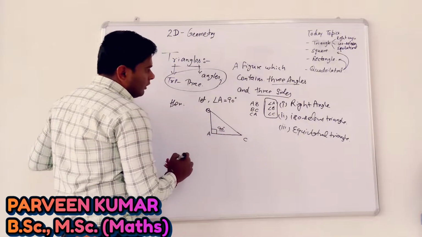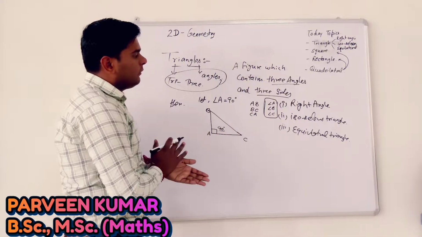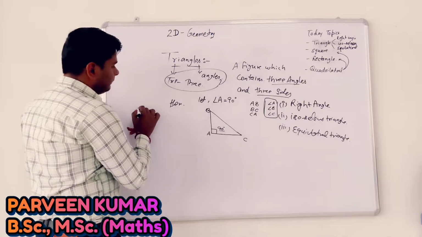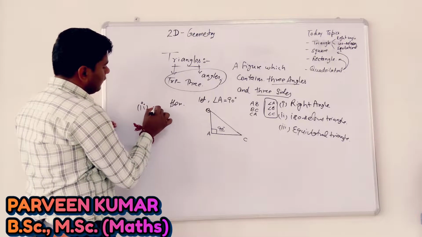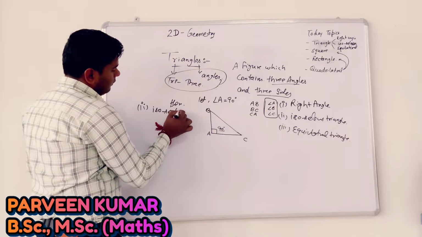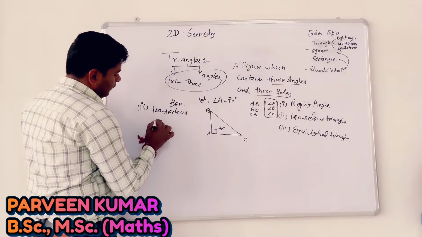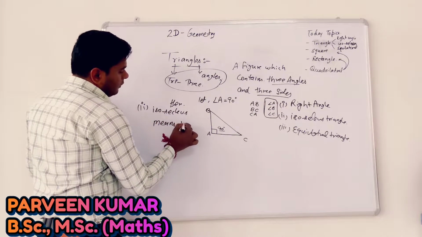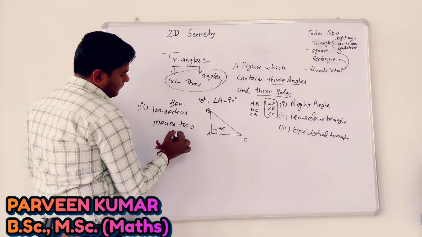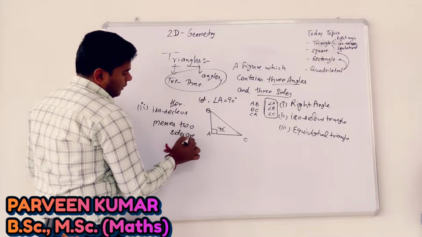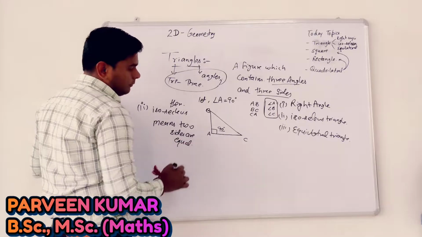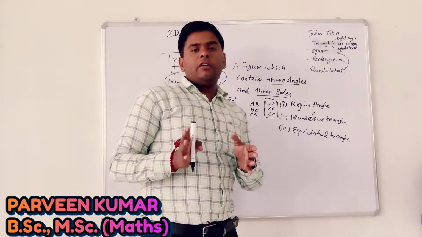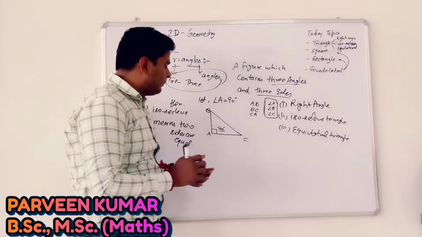The second one is the isosceles triangle. Isosceles means two sides are equal. Here two sides of a triangle are equal.